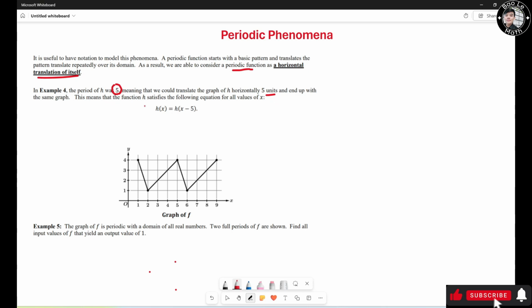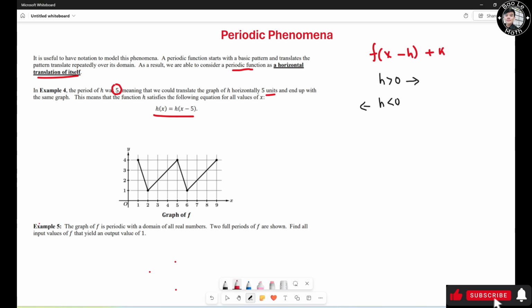This means the function h satisfies the following equation right here, which you learn in transformation, right? If f of s minus h plus k, right? And then if h is positive, the function translates to the right. If h is negative, the function translates to the left. Alright, so keep that in mind.